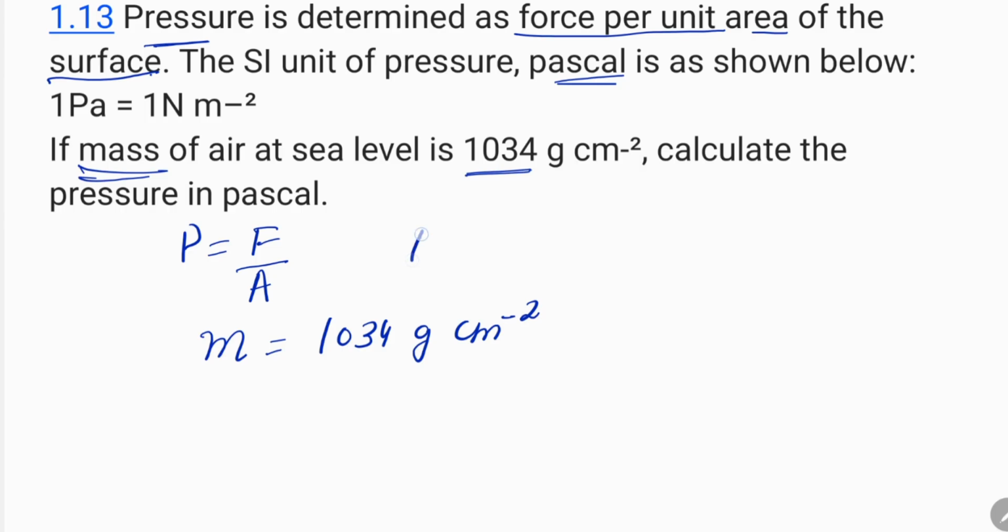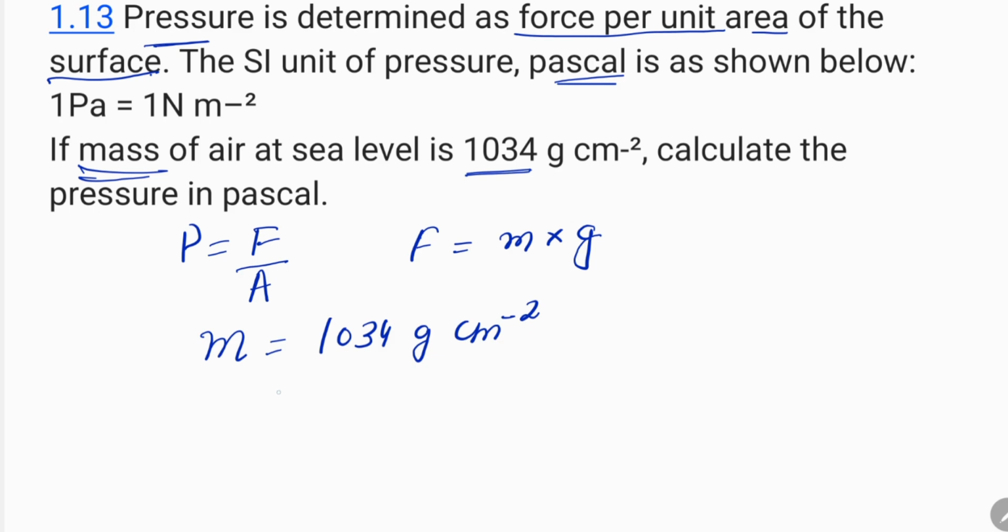We also know that force is equal to mass into acceleration. Over here there is no acceleration, obviously gravity will come in, so acceleration due to gravity will be taken over here.